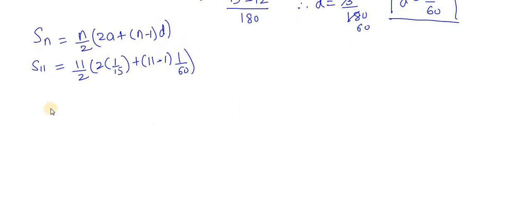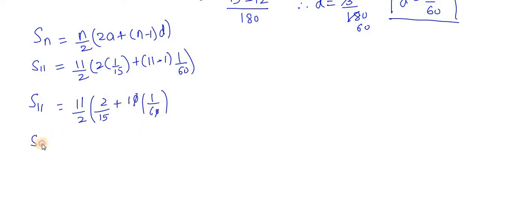Okay, then S11 is equal to 11 by 2 into, here 2 ones are 2, 2 by 15, plus 11 minus 1 is 10, 10 into 1 by 60. Now simplify this, the zeros get cancelled.